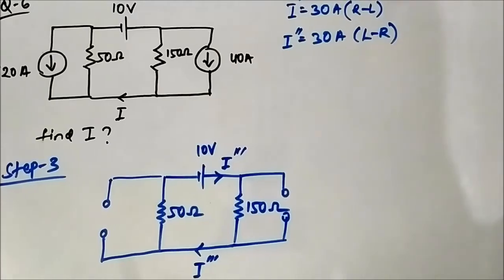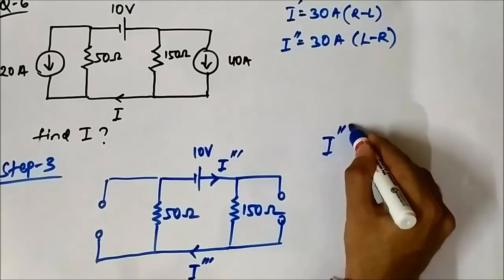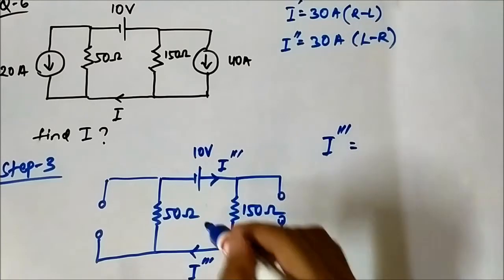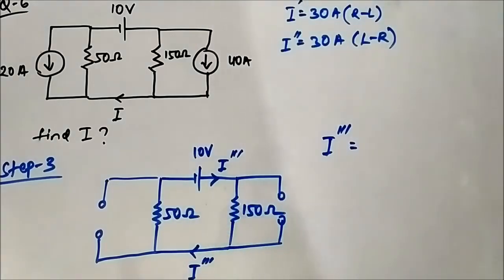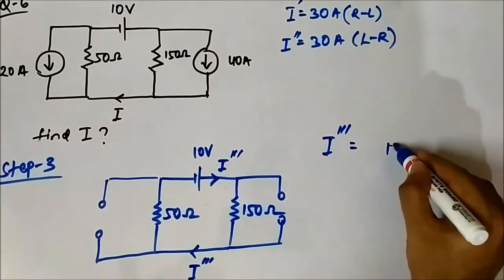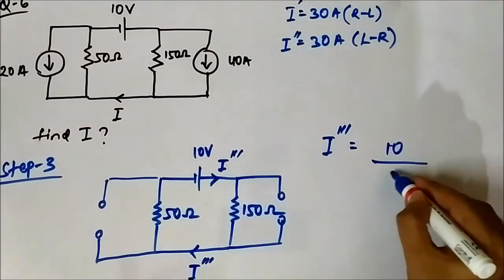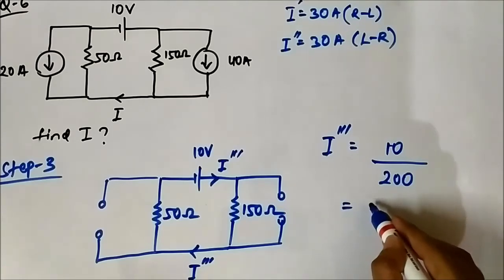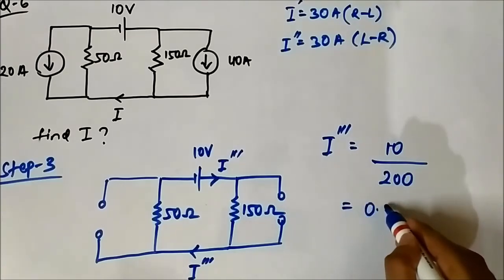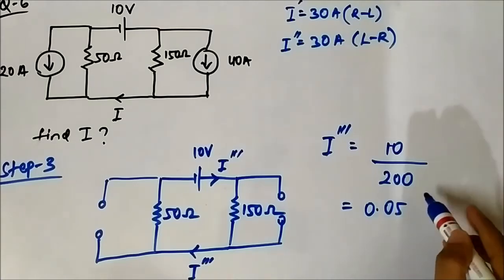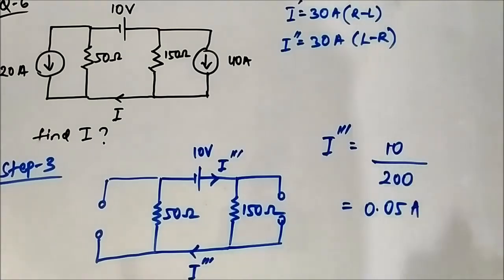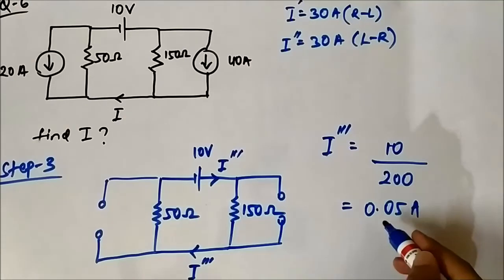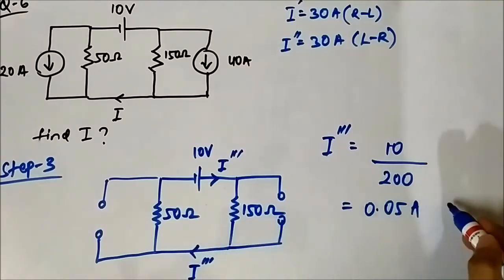So this current I triple dash will be voltage divided by resistance, which is 10 volt divided by the total resistance, 200 ohms. So it will be 0.05 ampere, and the direction is from right to left.